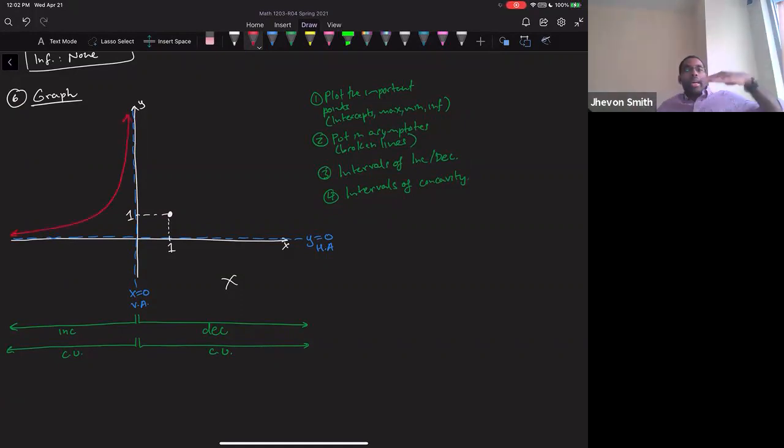Right? It has to approach the y-axis as it's moving that way, has to approach the x-axis as it's moving that way, and it's concave up like a cup. Notice that it's shaped like a smiley face. Similarly, the other side would be like that, which is kind of supposed to be symmetric, but you get what I'm trying to say.